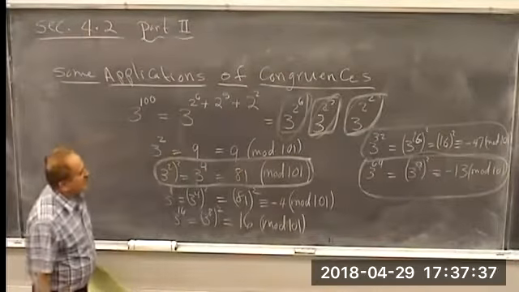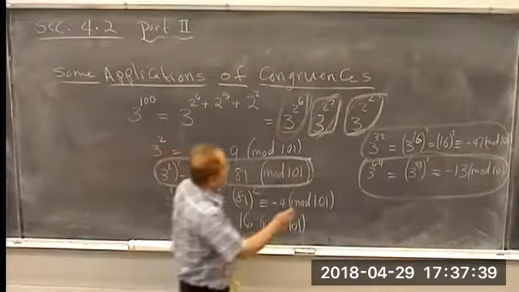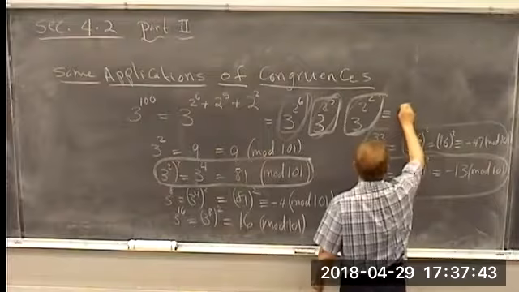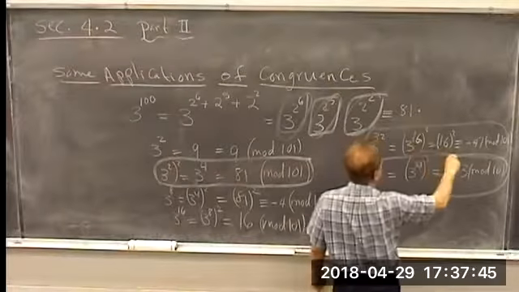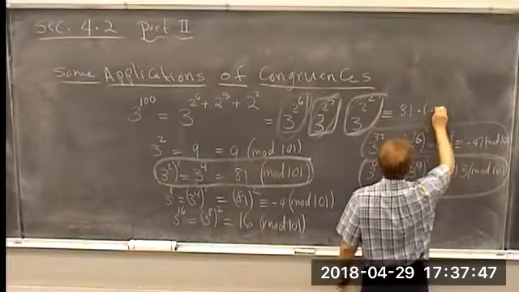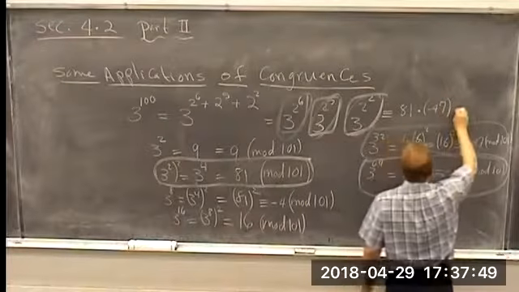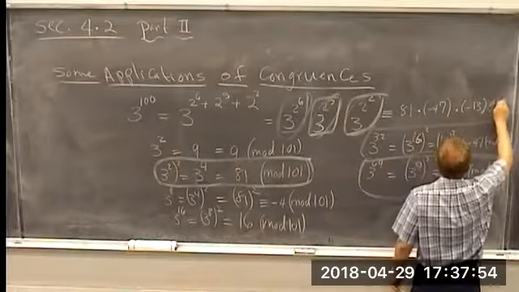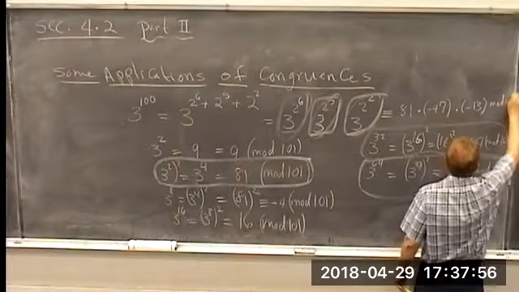Now I'm going to put these in. So I can say this is congruent to 81 multiplied by negative 47 multiplied by negative 30, all right, mod 101.